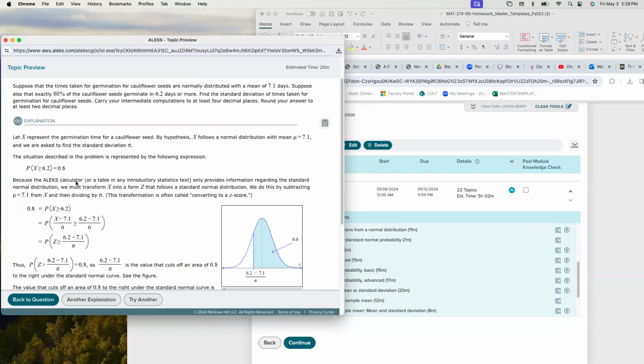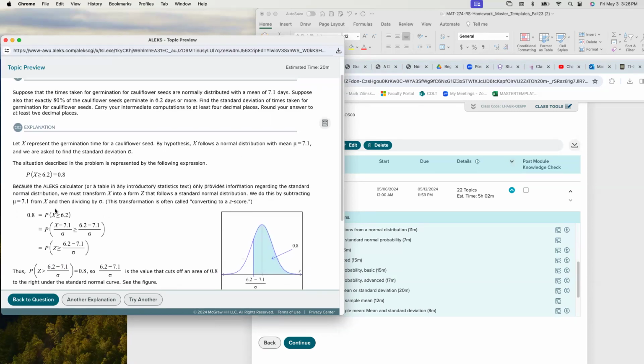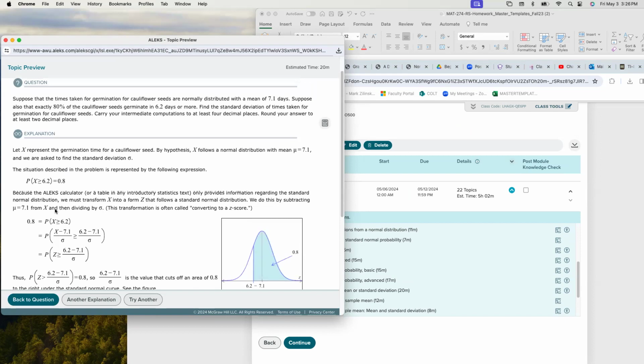But given the information, they say that the probability, right, is going to be greater than, right, X would be the time taken for the germination, okay, where the mean is 7.